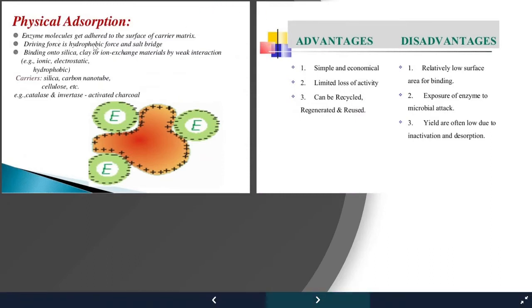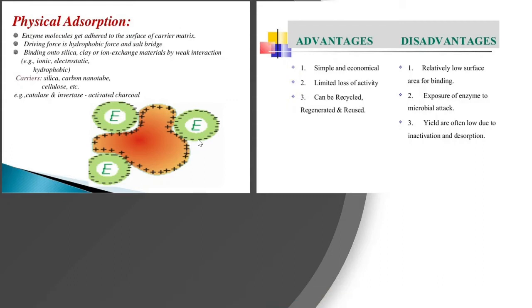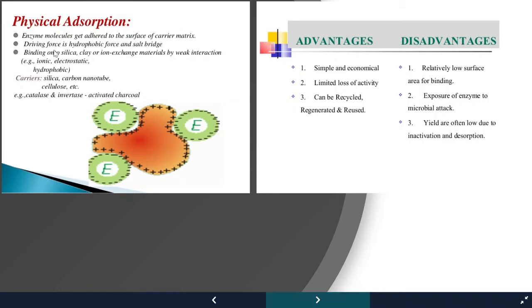Here the enzyme molecules are adhered to the surface of the carrier matrix, and the adherence of these enzymes to the carrier matrix could be with hydrogen bonds, or with van der Waals forces, but never with covalent bonds. Here the driving forces are hydrophobic forces and salt bridges, that is, the formation of salt links between the support and the enzyme molecule.